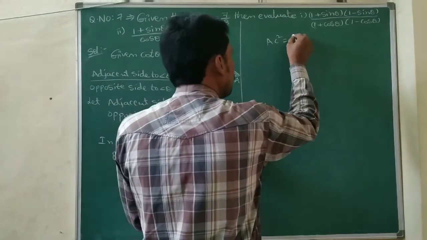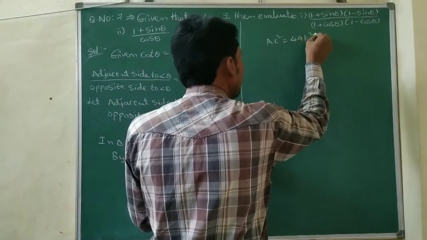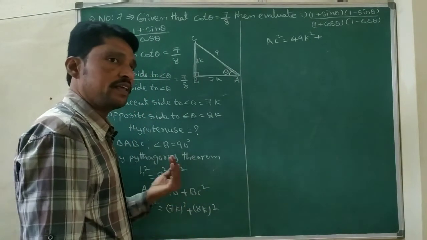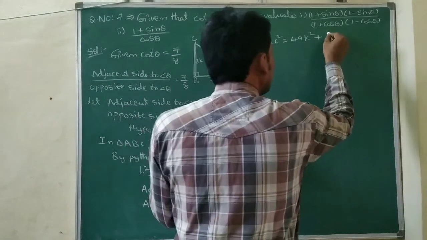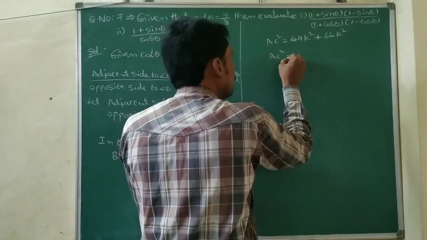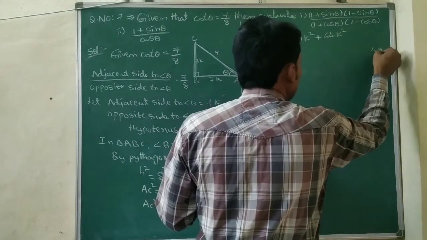So 7 7 is 49, k into k is k square, plus 8k whole square. 8k whole square means 8k into 8k. 8 8 is 64, k square. That equals AC square equals 49 plus 64.